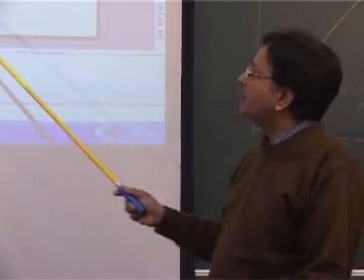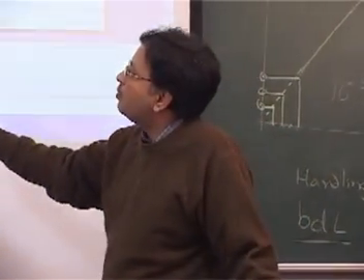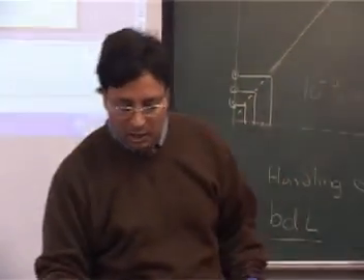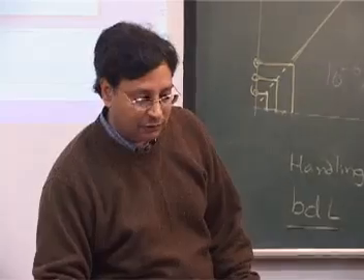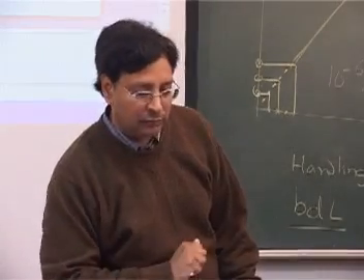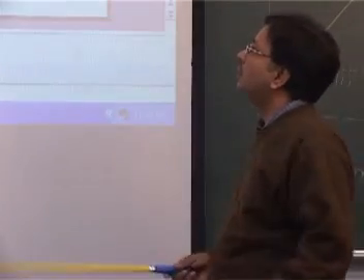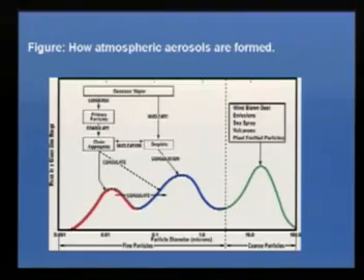The other comes more from processes that happen in the atmosphere. You should understand this. Here are the wind-blown dust, emissions, sea spray, volcanoes, and particles from grinding kinds of things, soil dust and things like that. So you have the large particle range here.